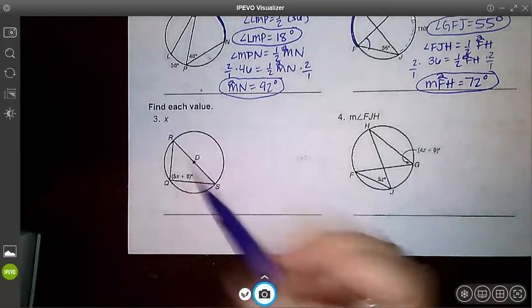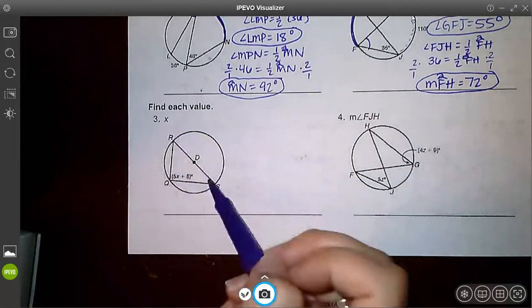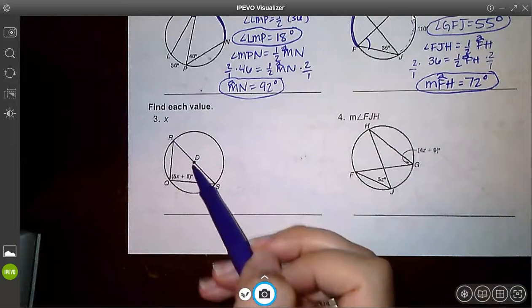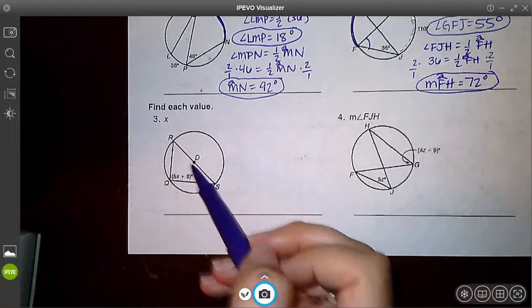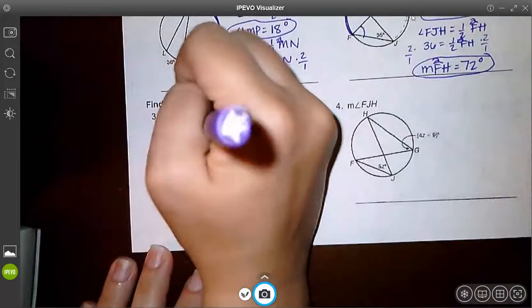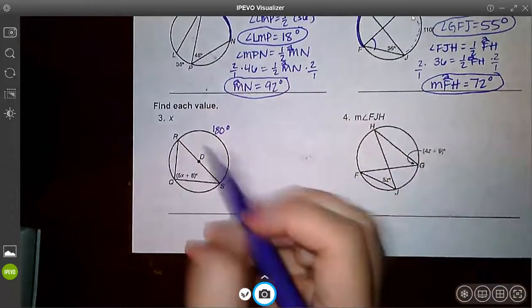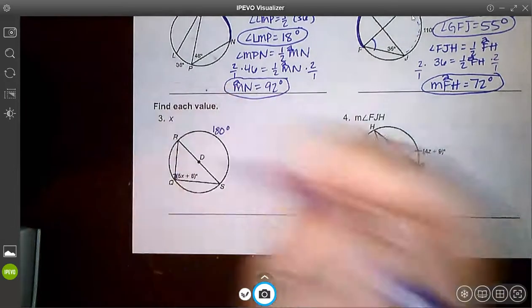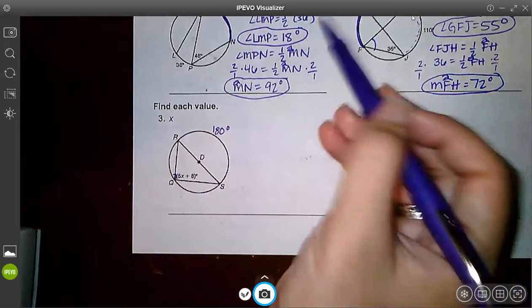Find each value, so the value of x. Because this inscribed angle, the line between the arc there, extends through the center, that makes that a diameter, which means that this arc right here is 180 degrees, or because it goes through the diameter, this has to be a right angle. So you could look at it either way. Look at it the way we looked at it up here.